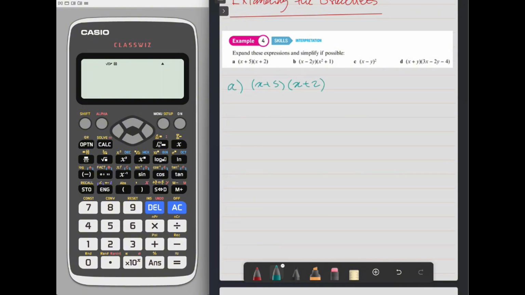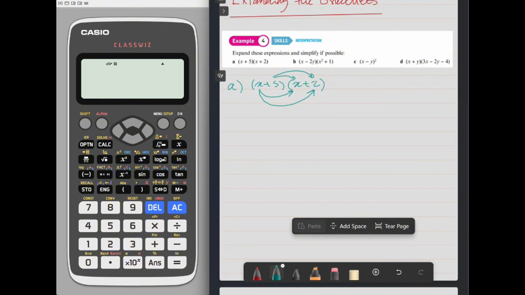As from IGCSE, we know that if we're going to expand the brackets, we're going to multiply every term in the first brackets by every term in the second bracket. So x is multiplied by x and 2, and 5 is multiplied by x and 2.